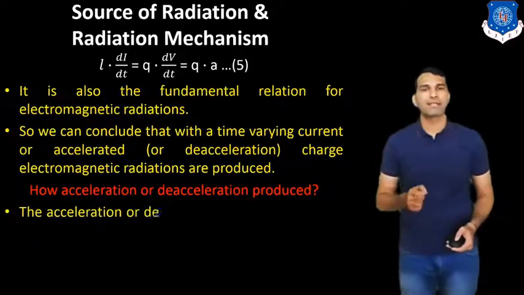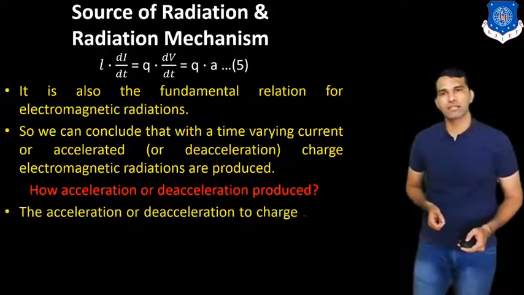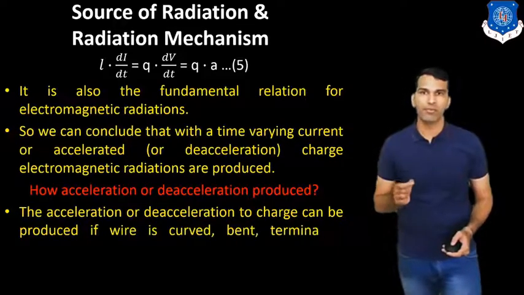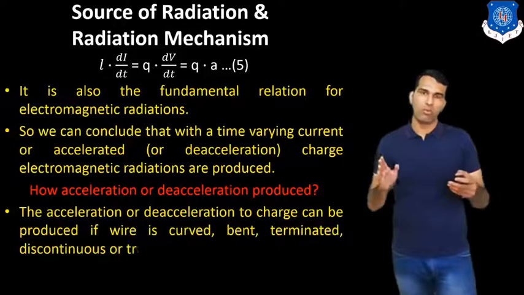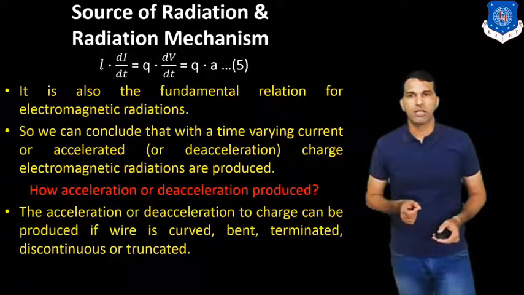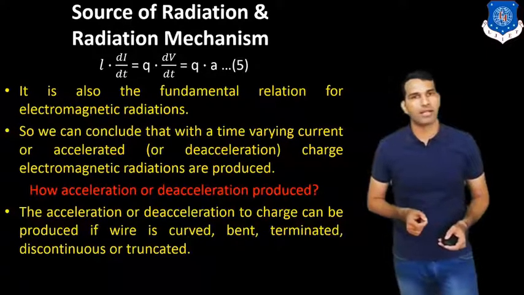So the acceleration or deceleration of the charge can be produced if the wire is curved, bent, discontinuous, or truncated.